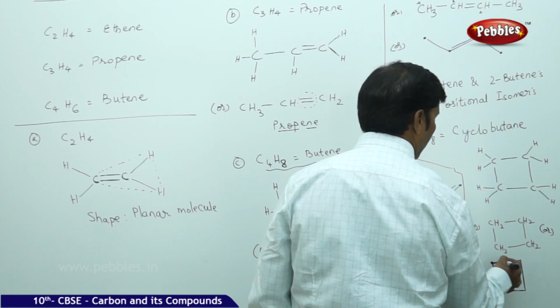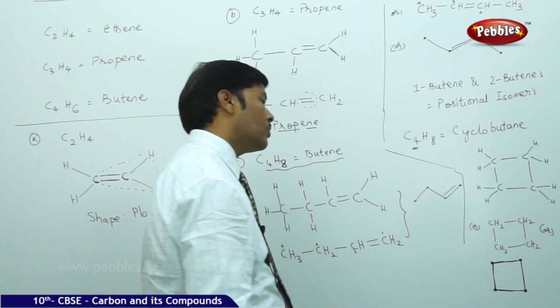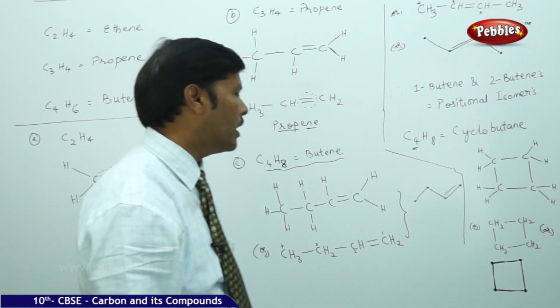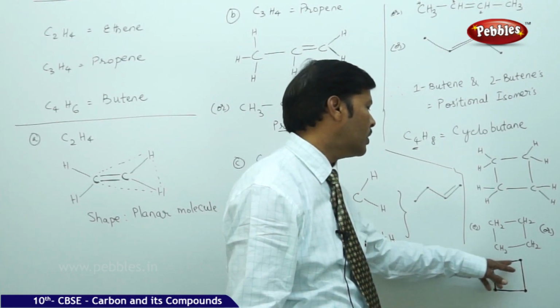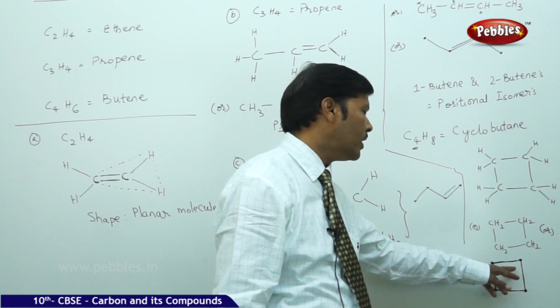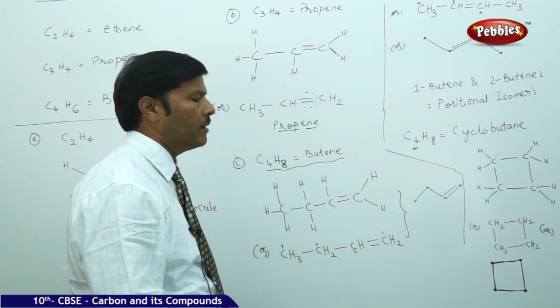Each corner has one carbon, and this is automatically understood as cyclobutane. Two hydrogens are hiding at each carbon. In bond line representation, we only highlight the carbons at the four corners of the square, and for each carbon, two hydrogens are hiding in that particular plane.